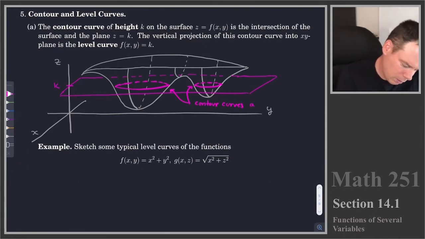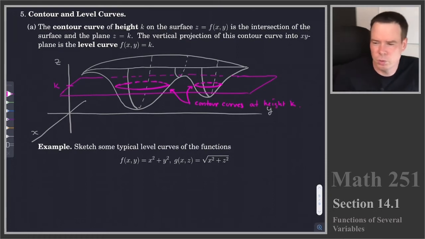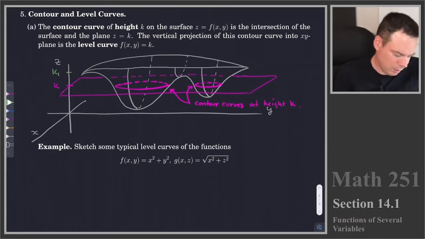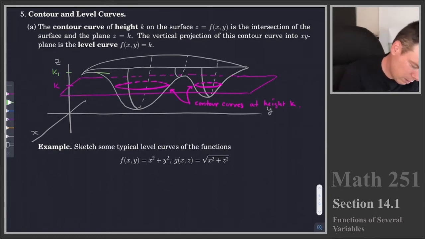And in particular, they're contour curves at height k. So these are the contour curves at height k. We can pick a different height, and maybe we get different shaped contour curves. So if I take another height, let's call it k1, and I slice it there, then maybe my contour curve looks like this. It's sort of one big circular shaped curve.